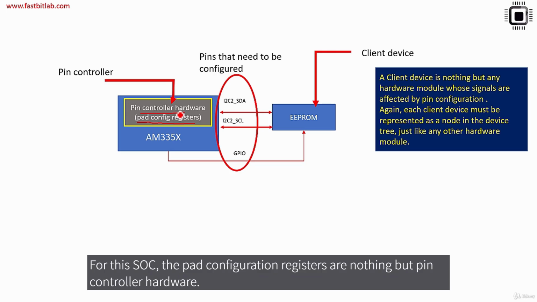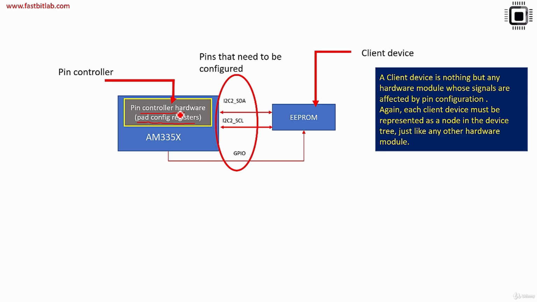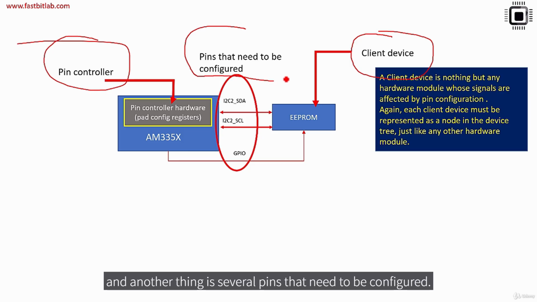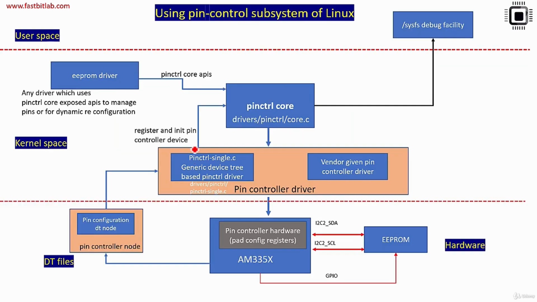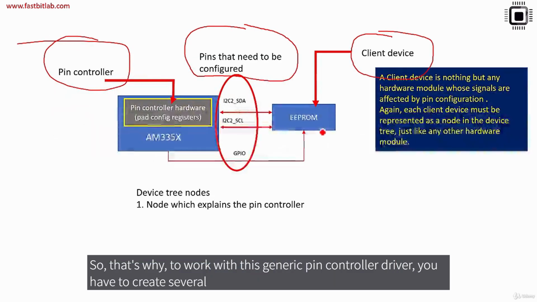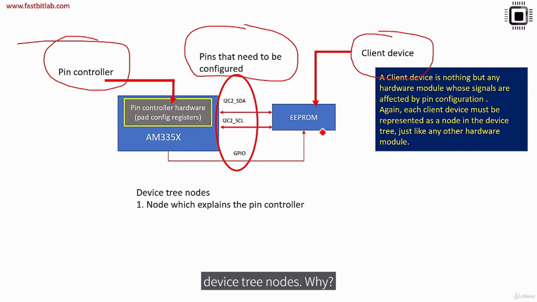For this SoC, the pad configuration registers are nothing but pin controller hardware. That's why you can identify three things here. One is the pin controller, another is the client device, and another is the several pins that need to be configured.